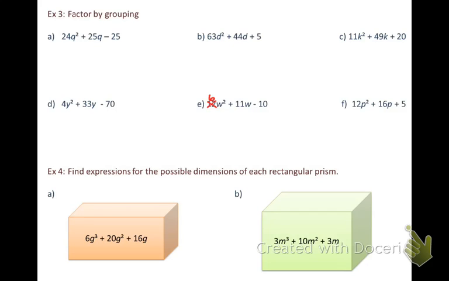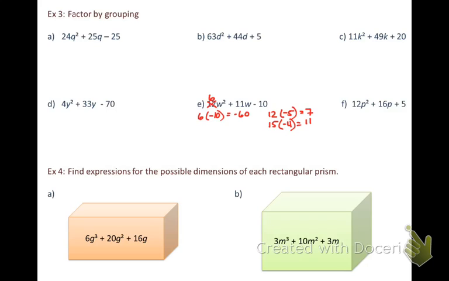So step 1, again, is multiplying the outer two numbers, so it would be 6 times negative 10, which equals negative 60. Some factors of 60 would be 12 and negative 5, and 15 and negative 4.